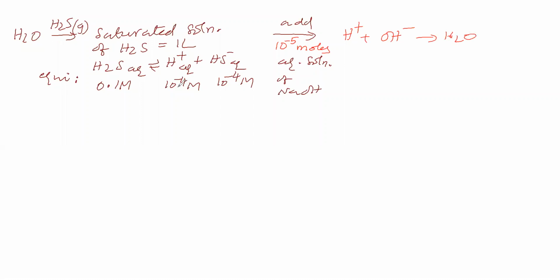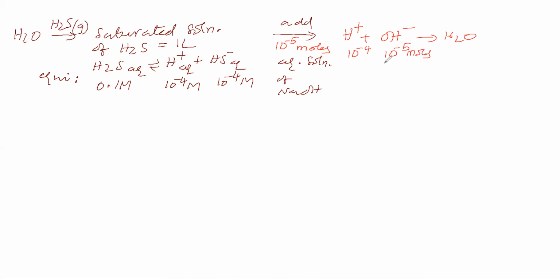Sir, how much H plus is present here? Multiply this molarity with this volume, you will get moles, that is 10 power minus 4 moles. So here H plus is 10 power minus 4 moles. We are adding hydroxide, 10 power minus 5 moles.